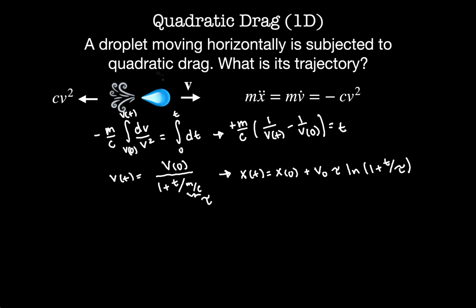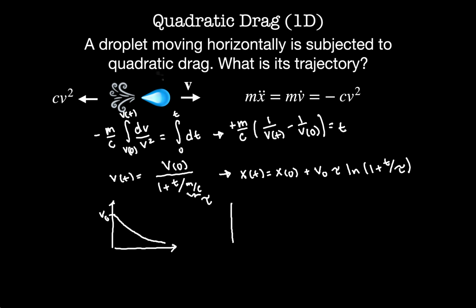So we can see what this looks like. If I were to plot my velocity, I start at some v naught, and as t increases, I'm going to decay away to 0, but not nearly as fast as the exponential decay that we saw in linear drag.